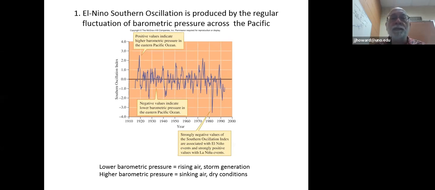So when the index is positive, we have a high temperature, a high adiabatic heating of this sinking air near Peru. When the Southern Oscillation Index is below 0, when it's negative, it means we have rising air off the coast of Peru.